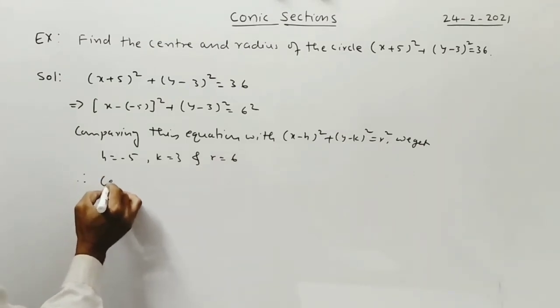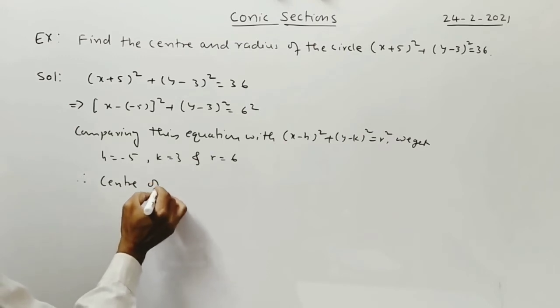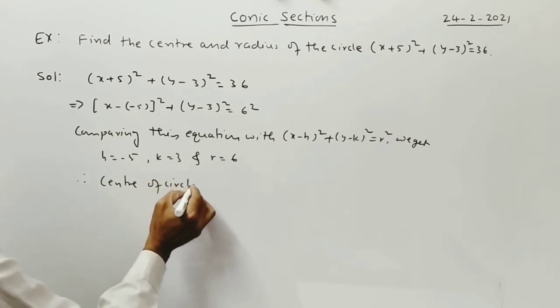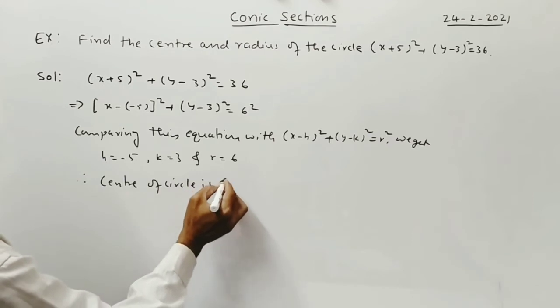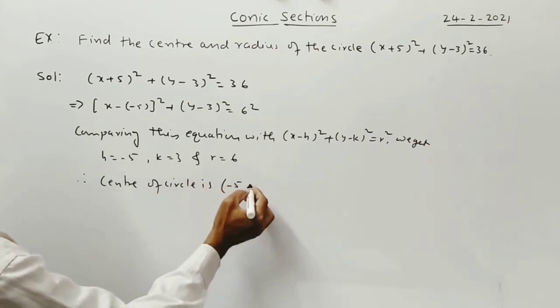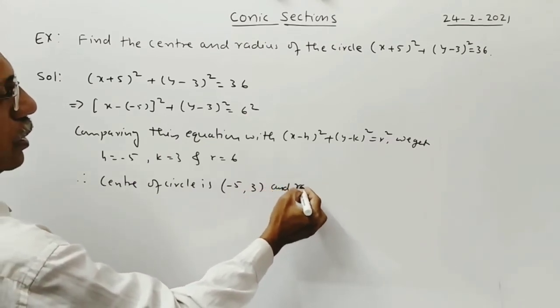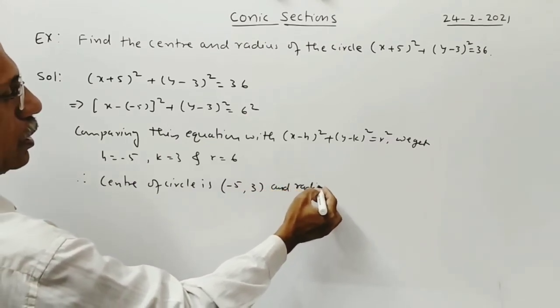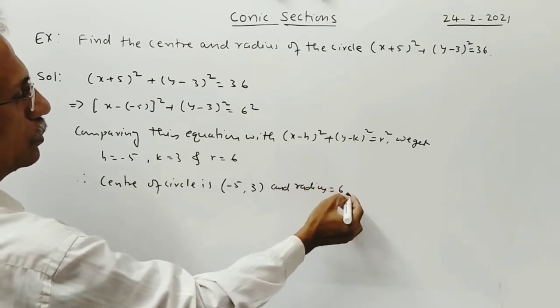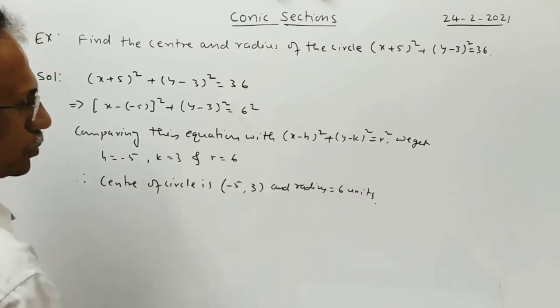Therefore, center of circle is point with coordinates minus 5, 3 and radius is equal to 6 units.